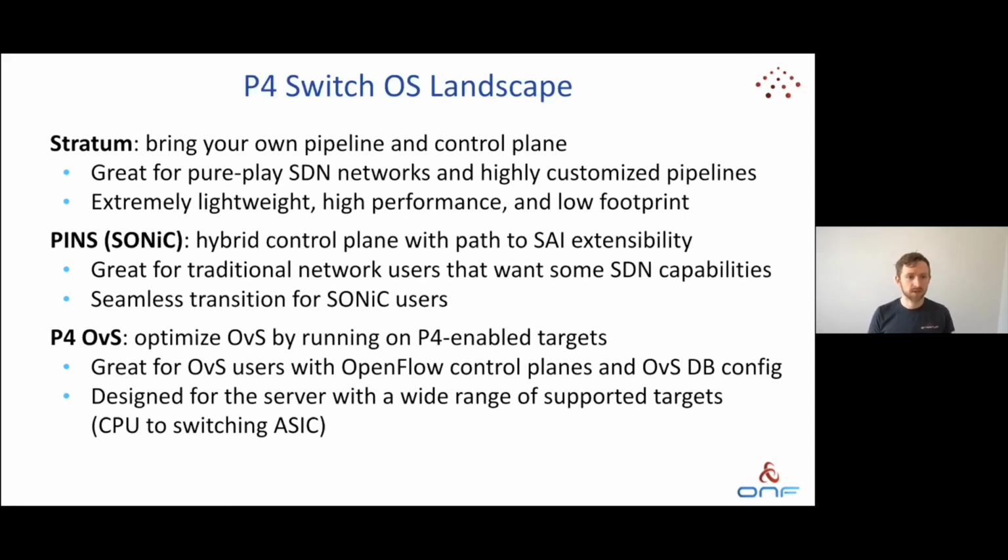Moving on to PINS, which is a feature set we're adding to SONiC. The goal there is hybrid control planes and a path to SAI extensibility. So this is great for traditional network users who have SONiC or something like it deployed and want to start to experiment a little bit with SDN for small parts of their network. Obviously, we want to be able to grow that to the whole pipeline.